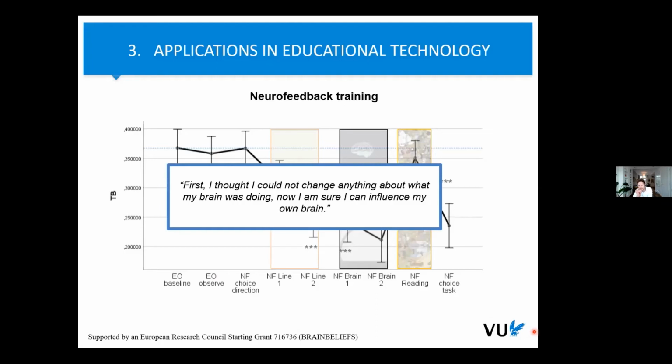And quite a few of those yes had some convincing arguments, I could say. So this example: first, I thought I could not change anything about what my brain was doing, but now I'm sure I can influence my own brain. So that seems genuine. So we're very interested to see how this intervention affected the growth mindset and their motivation for learning and their learning outcomes in the years to come.